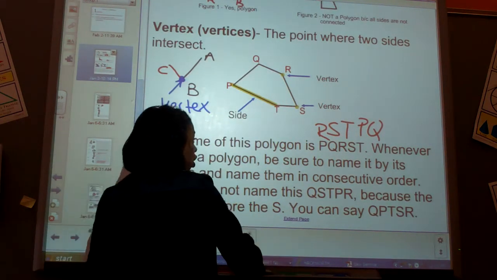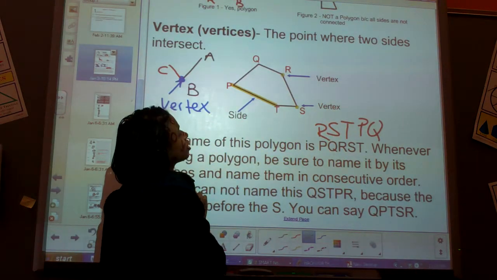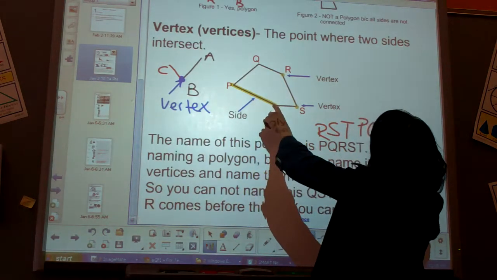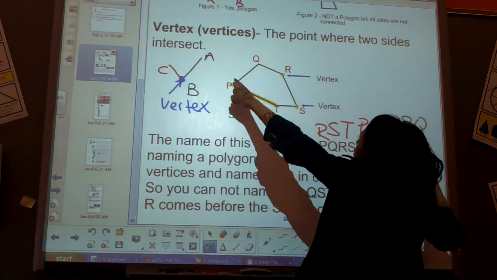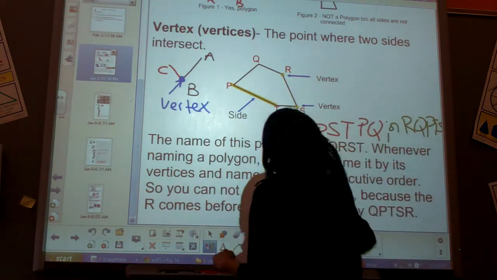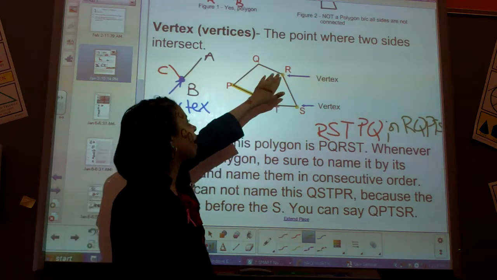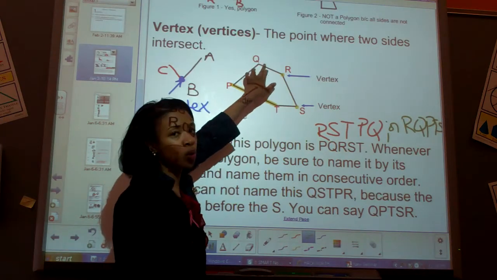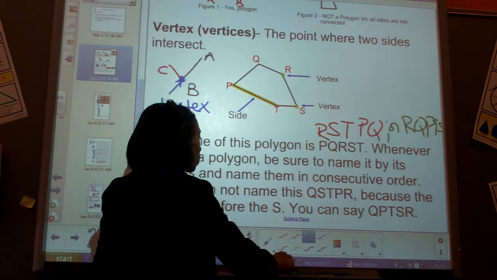I could have still started at R and gone the opposite direction. That's correct as well. I could have called this R, Q, P, T, S. So it doesn't matter if I go clockwise or counterclockwise. What does matter is that you must go in consecutive order, with each vertex next to the previous one. Okay?